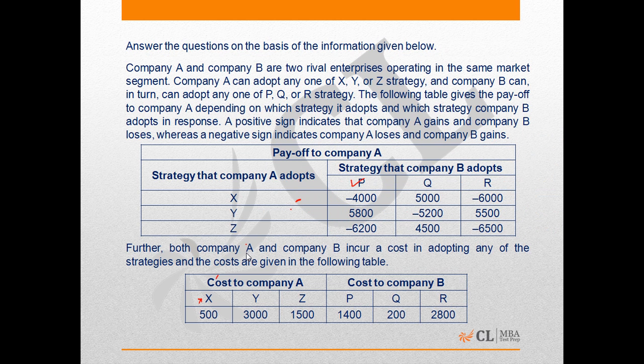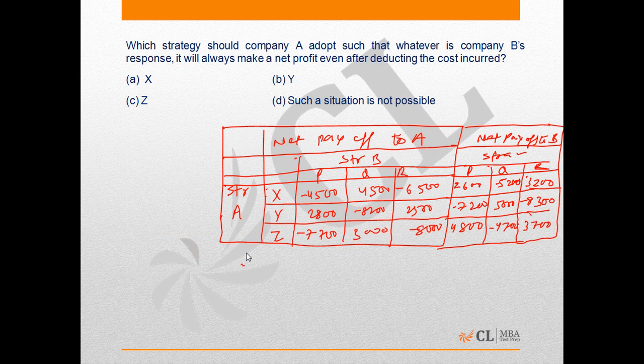Like when A adopts strategy X and B responds by adopting strategy P, it gains minus 4,400, which means there is a loss of 4,400 for A, and the same is the gain for B. But it is also known that in order to adopt strategy P, B incurs a cost of 1,400, which means his net gain would be just 2,600 in the event of A adopting strategy X and B responding by adopting strategy P, which is shown in the table.